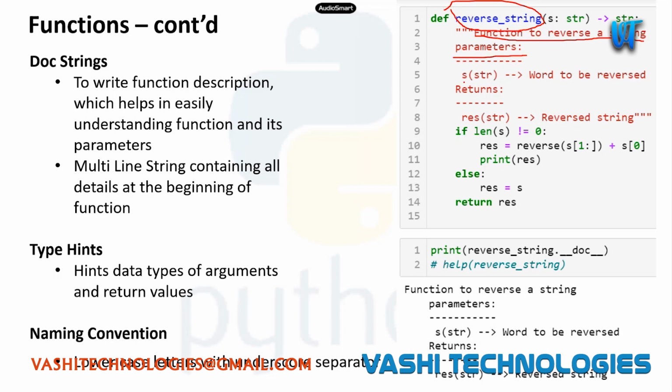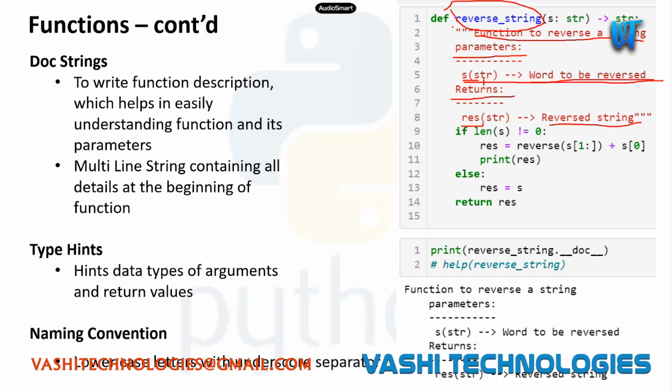What are the parameters this function will take? It will take only one parameter, s, and it is of type string. And this is what needs to be reversed. And then I have returns. And returns is the res, which is the reversed version of this word s, right? This is basically a doc string.